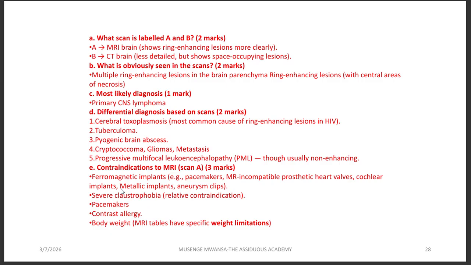Also severe claustrophobia is a relative contraindication. Contrast allergy, because you are going to be using contrast in MRI, which you inject. And then MRI has a table with a specific weight limitation, so that's also a contraindication.